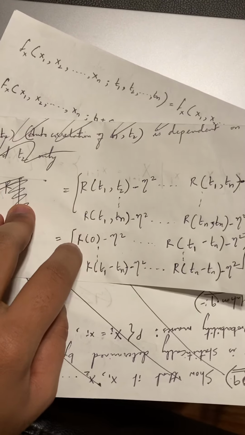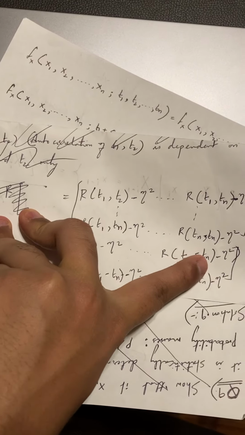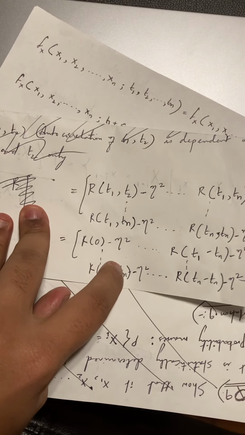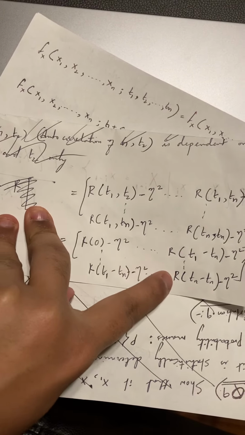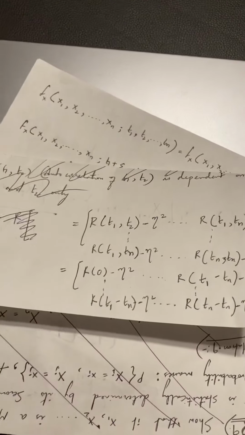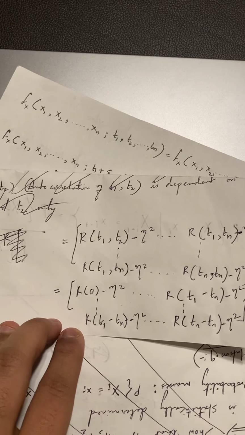This can be simplified as R(0) minus eta square, and so on up to R(t1 minus tn) minus eta square, and so on up to R(tn minus tn) minus eta square. So we are basically preparing the matrix here.